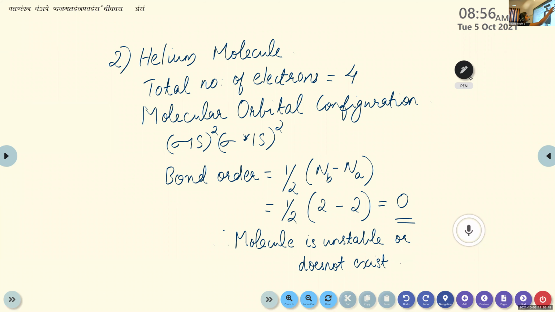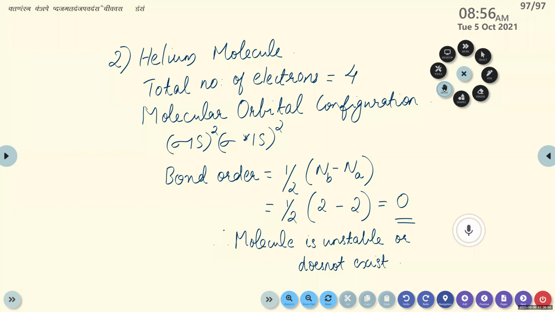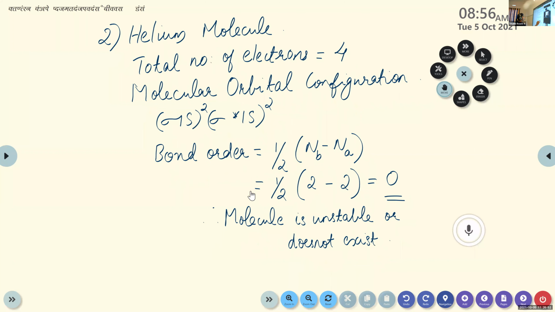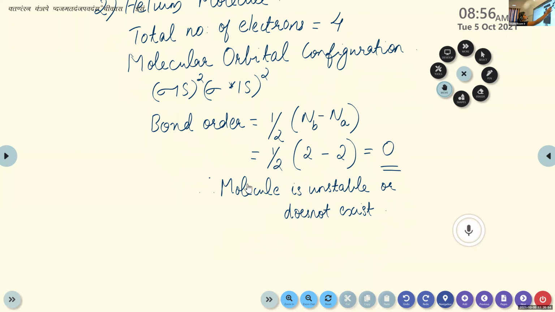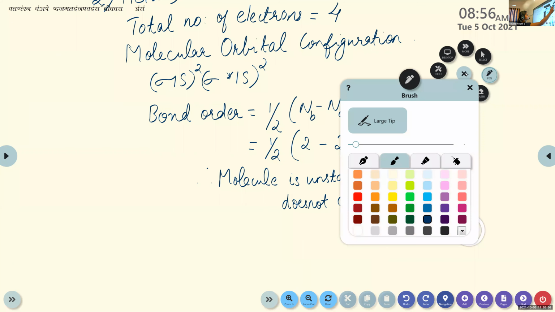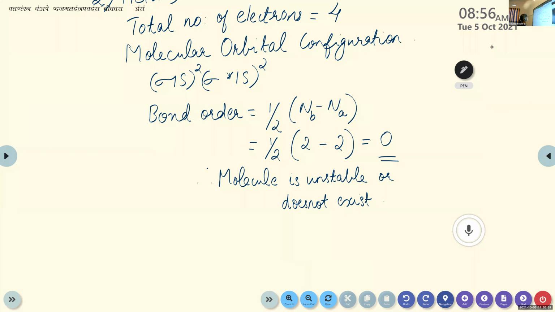And the same thing happens in the case of beryllium molecule also. So the next example is beryllium molecule, the third one, Be2.